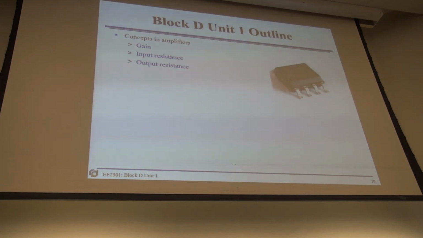This is the earliest 741. It's legendary. This is the chip. They pack all the transistors, resistors inside in here. As you can see, they have a DIP, dual inline package, with 8 legs.